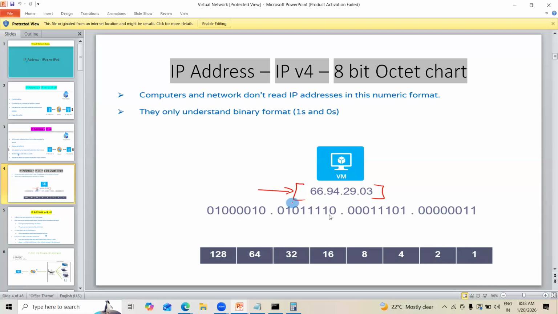This is a simple way of assigning an IP to any device. We have devices called Cisco devices or routers on the internet, and at a house also we have some device that assigns the IPs.